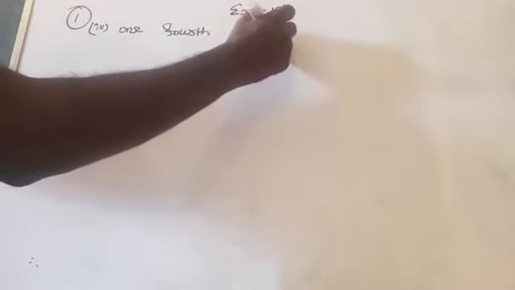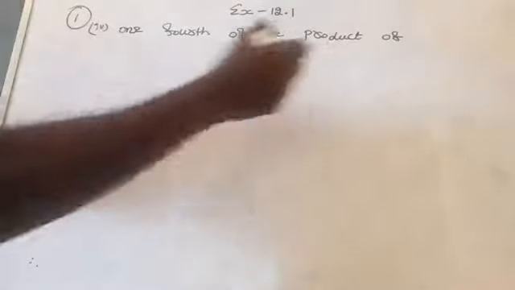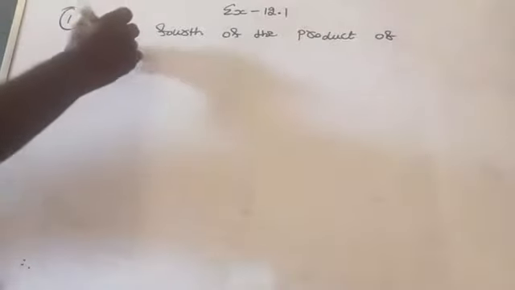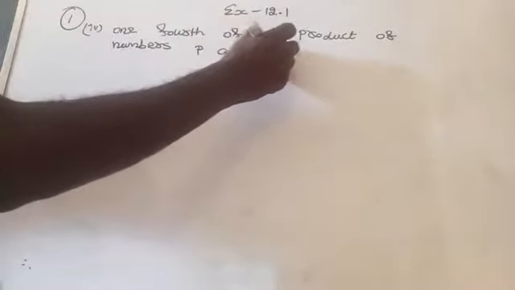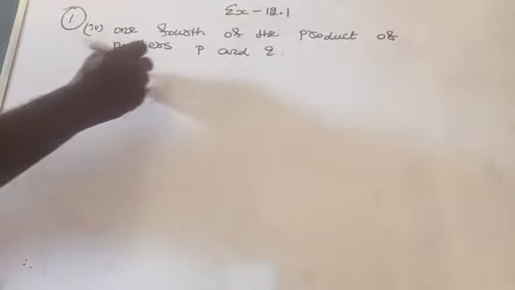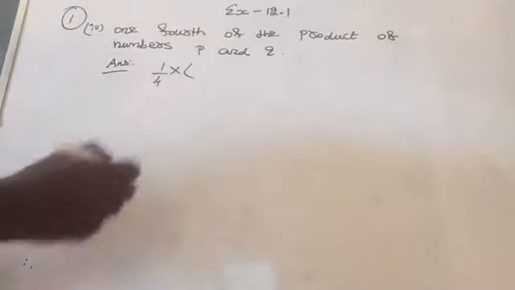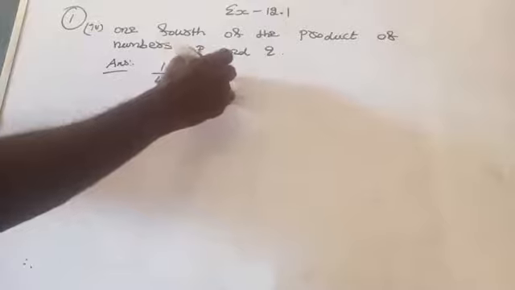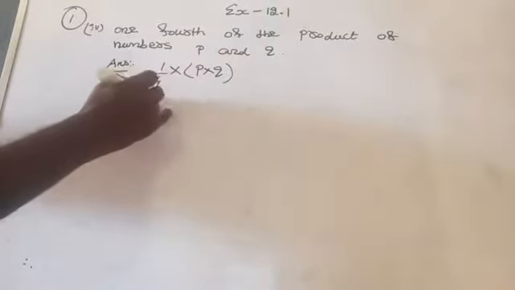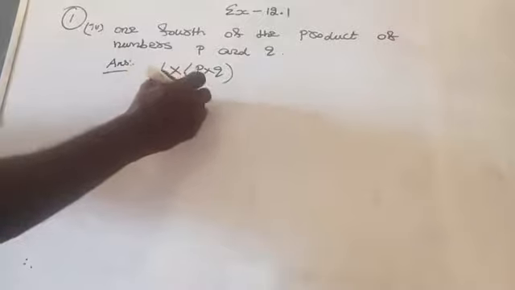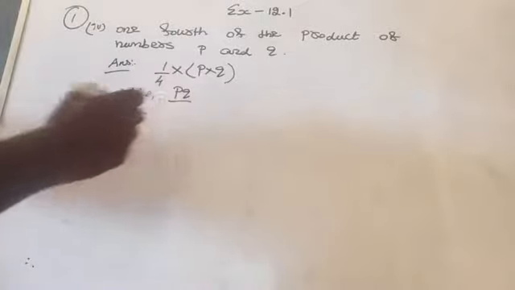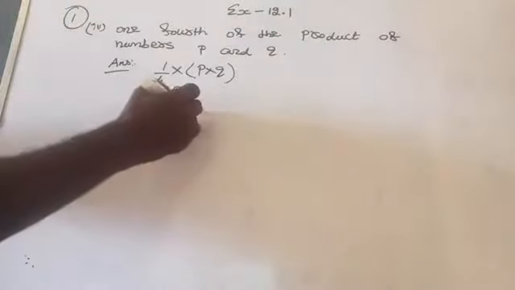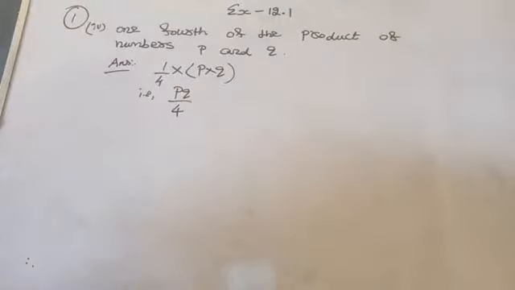The product of numbers p and q is p into q, so it is 1/4 into pq. Any number multiplied by 1 gives the same number. It is nothing but pq by 4.